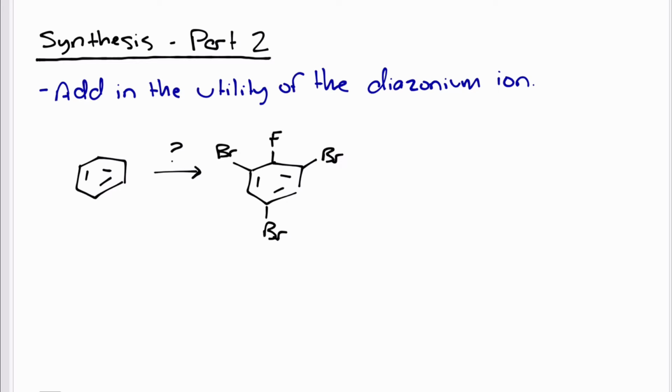Okay, well, what you want to do is develop some sort of strategy. First you should notice that we have this fluorine on the ring. And the fluorine can only be added through the diazonium ion. We've only talked about fluorination via diazonium ion in the class.